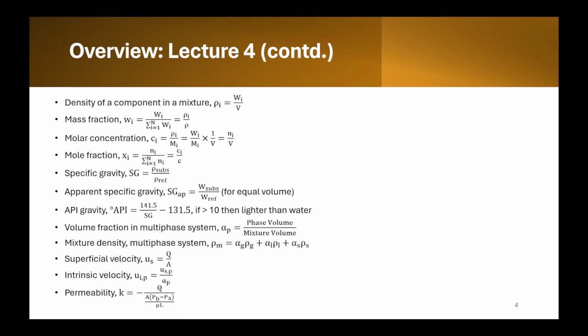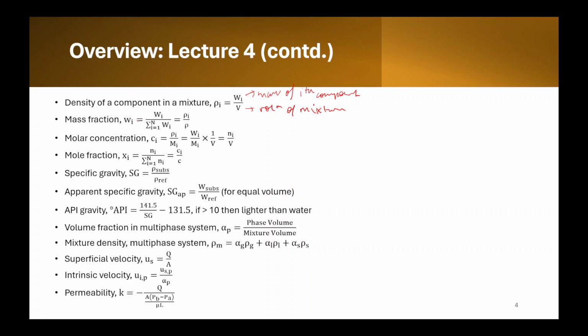Next, these are some important relations which were discussed in lecture 4. The density of the ith component in a mixture is the mass of the ith component, W_i, upon the volume of the mixture. So this is the density of the ith component.